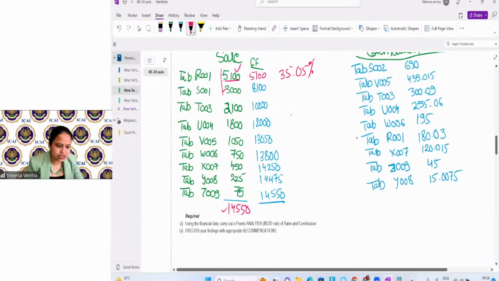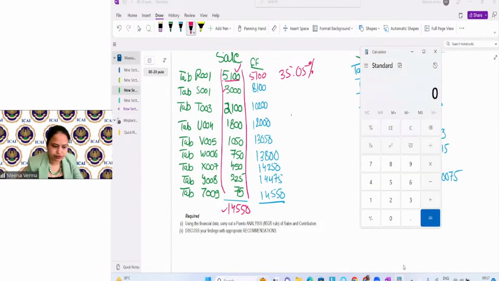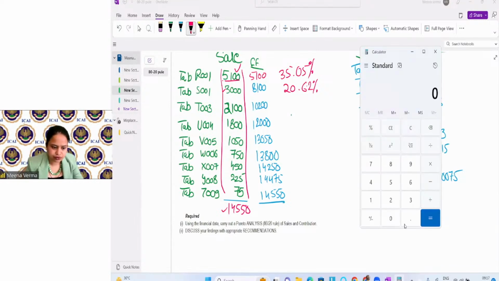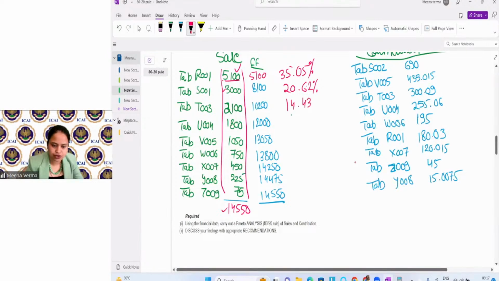We will consider these values for finding the percentage. Third value is 14.43%.